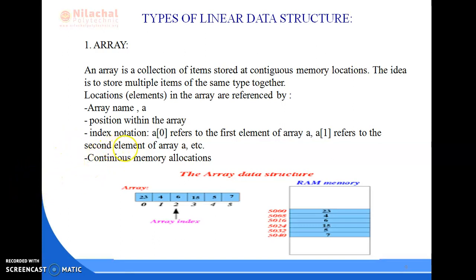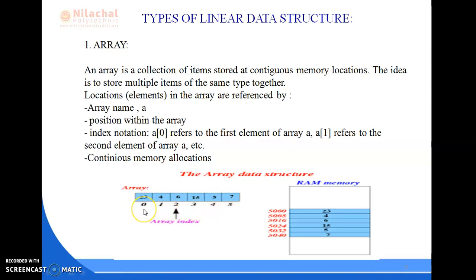So, we can see in the diagram, when we create one array, it has some reference locations. The first reference is the array name. For example, this array is named array A. The positions of the array are denoted from 0 to n.